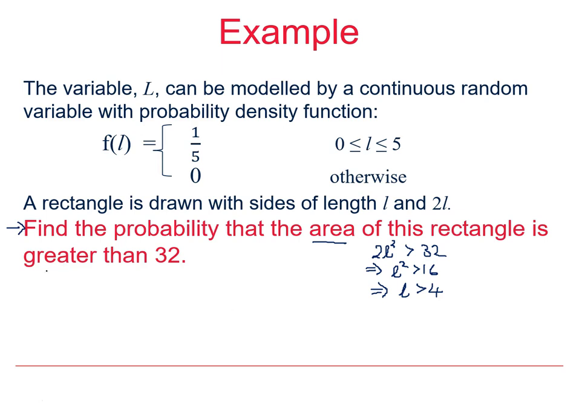And we want the probability that the area is greater than 32, which is the probability that L is greater than 4, and you should recall that that's probability simply obtained by integrating our probability density function between 4 and the upper range 5, and that will give you 1/5.